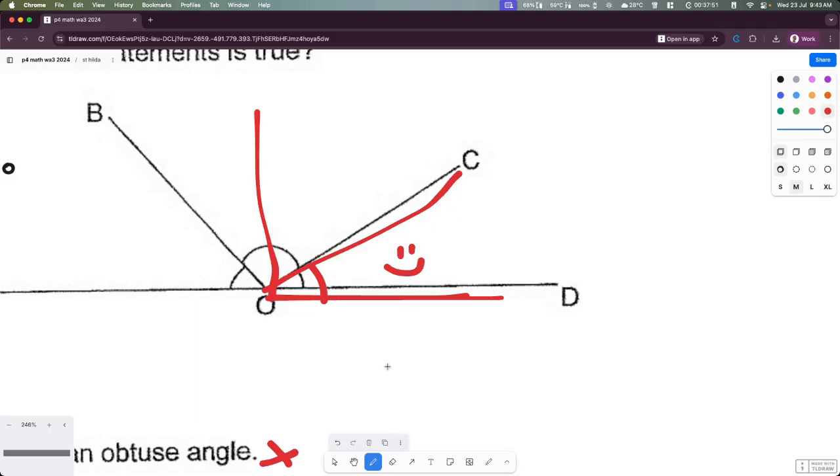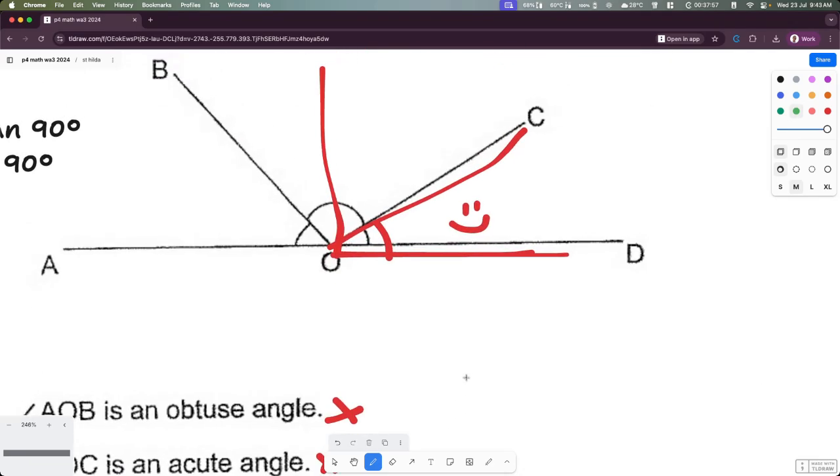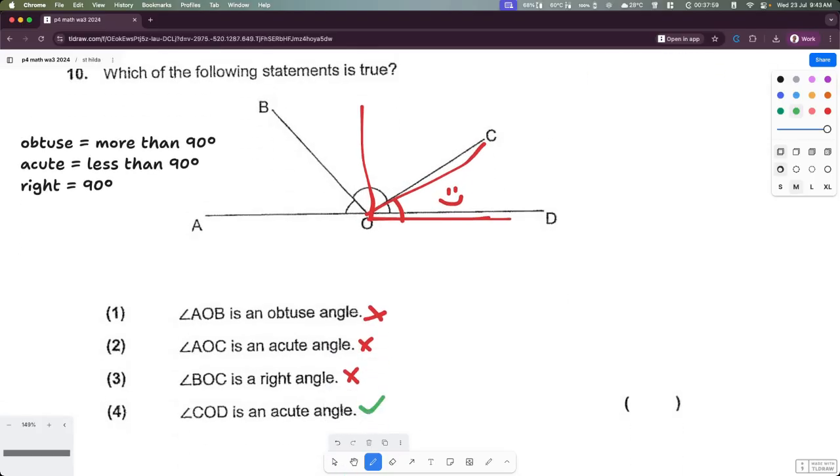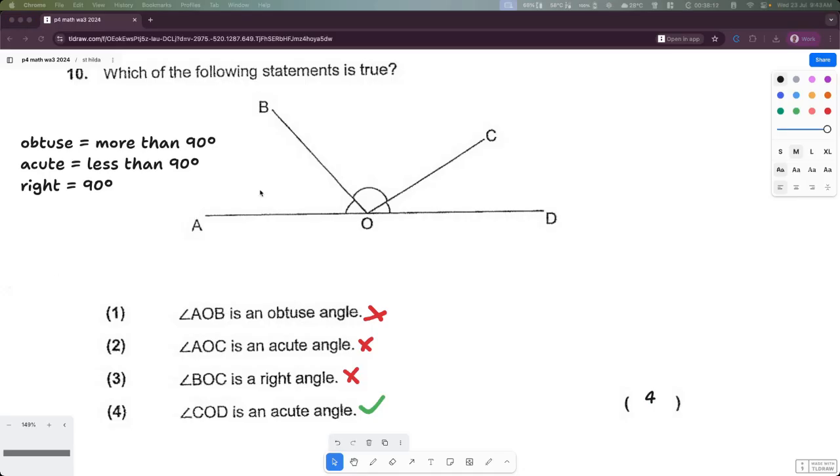Therefore, the answer for COD is correct. COD is an acute angle. So option 4 is the correct answer. All right, let's move on to the next question.